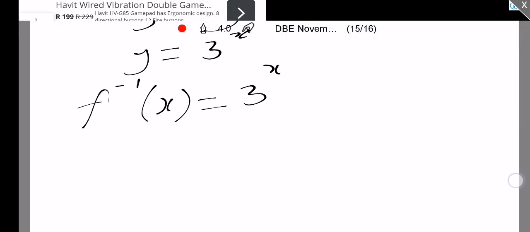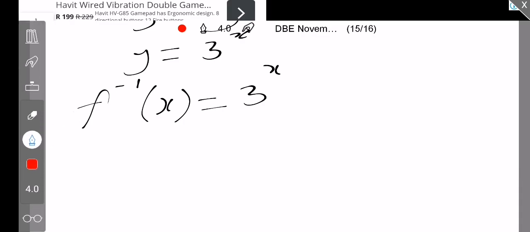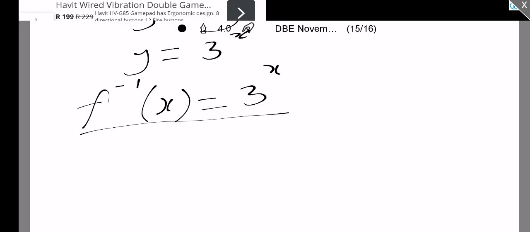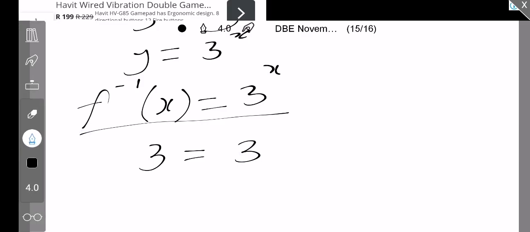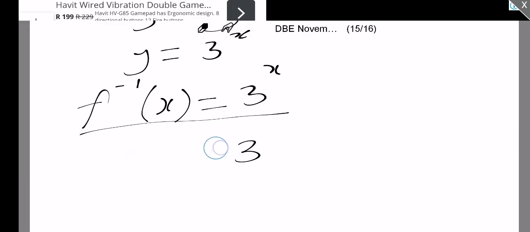Yes, we were here. Now, like I've said, this is the equation of the inverse function. Since we were given the y value, it was 3. Let me express it in an appropriate manner.